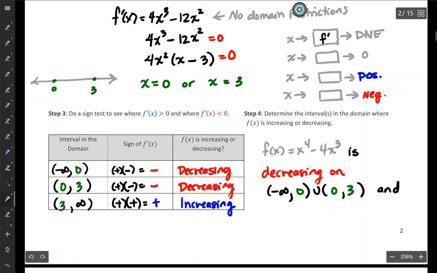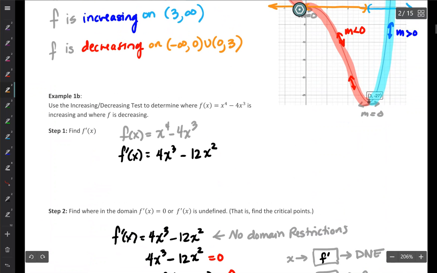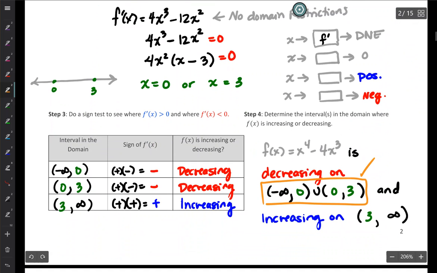And it's increasing on 3 to infinity. Right? And notice these are the exact same as what we have up here. Check. Okay, so that is our increasing and decreasing test.